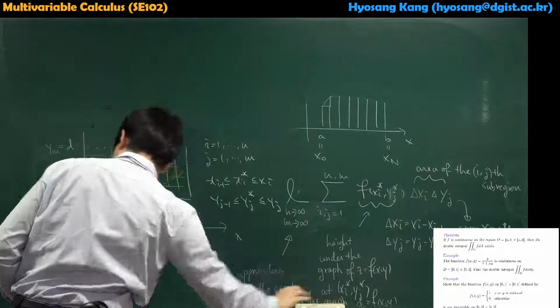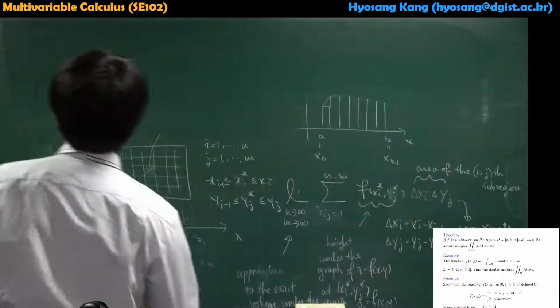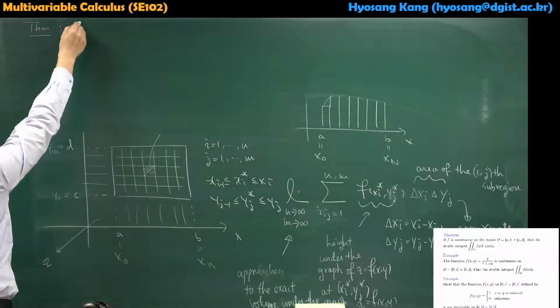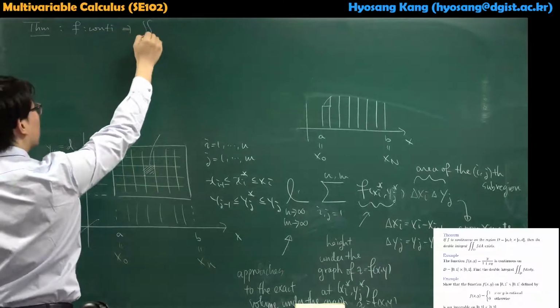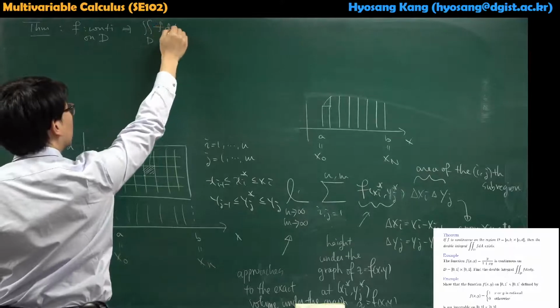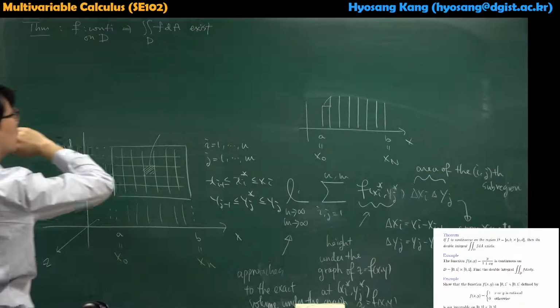So the theorem tells us that if f is continuous on the region D, then this exists. So you can always find the double integral.